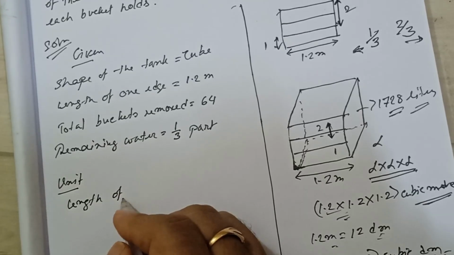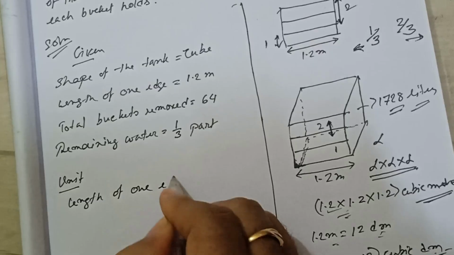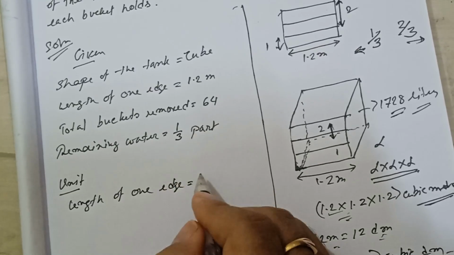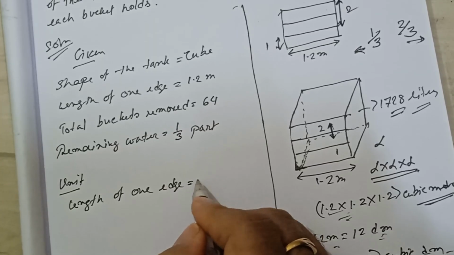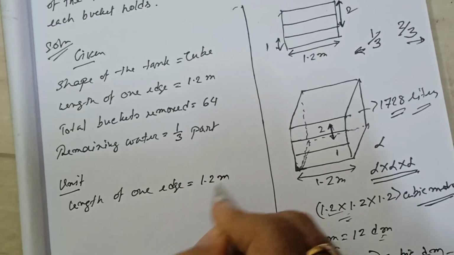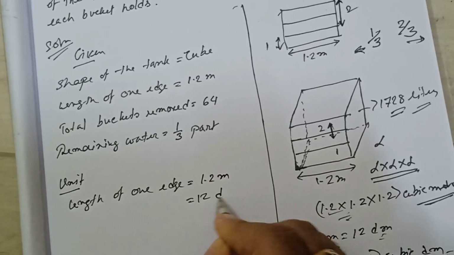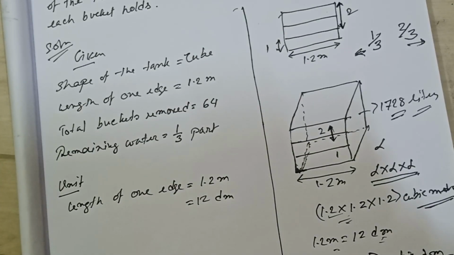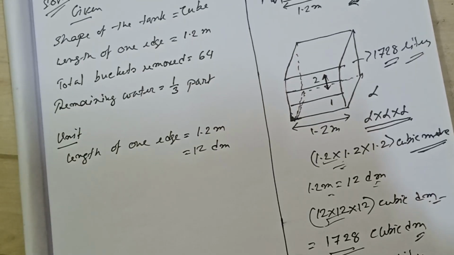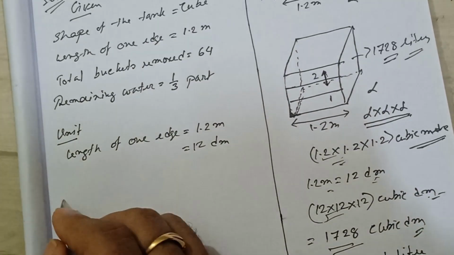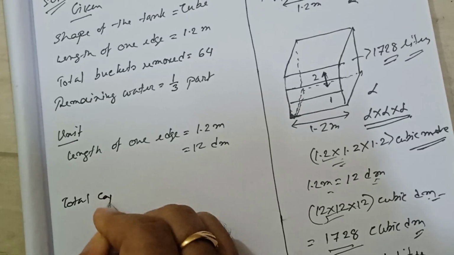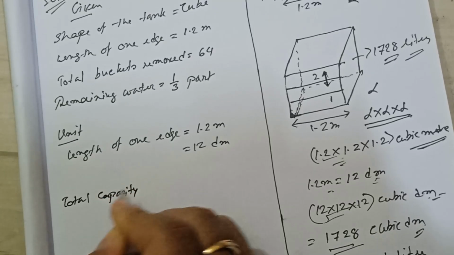Length of one edge is 1.2 meter, which is 12 decimeter. Okay, then we need the total capacity.